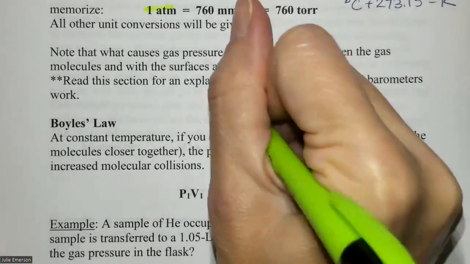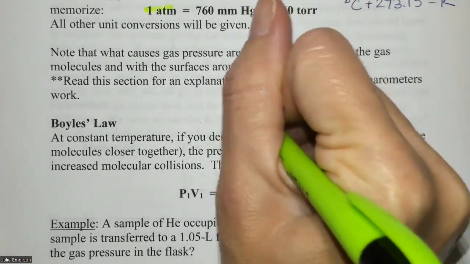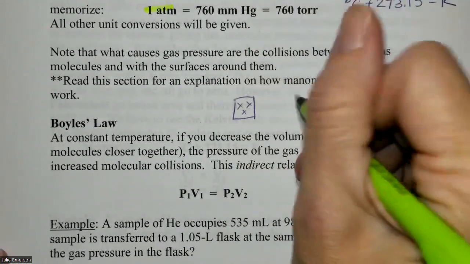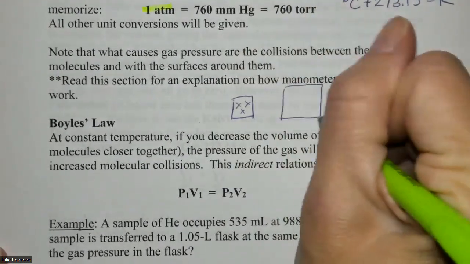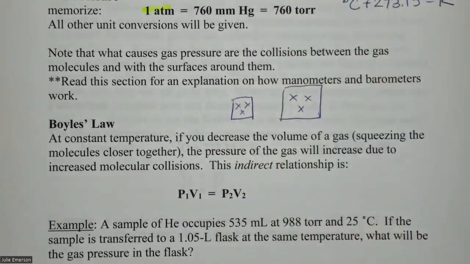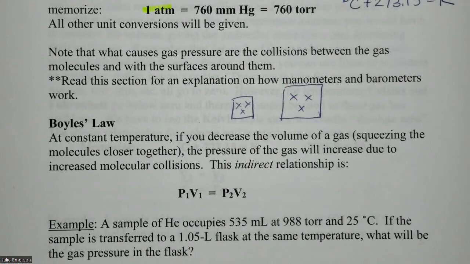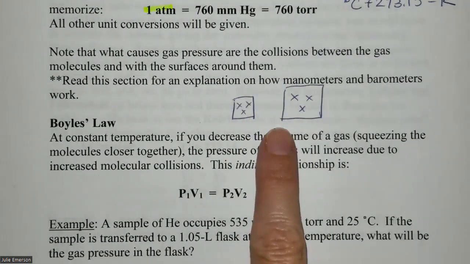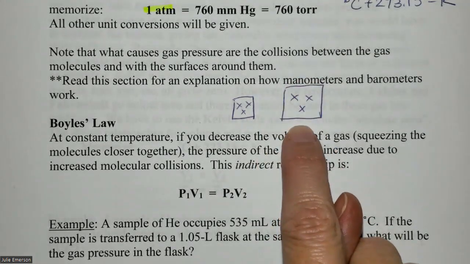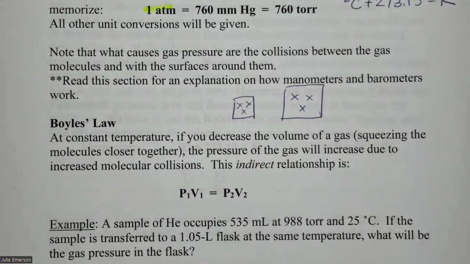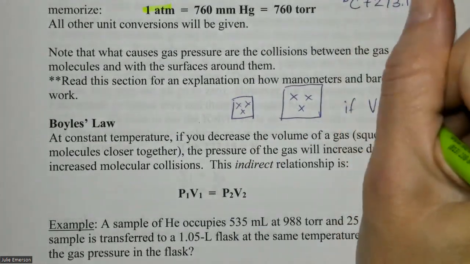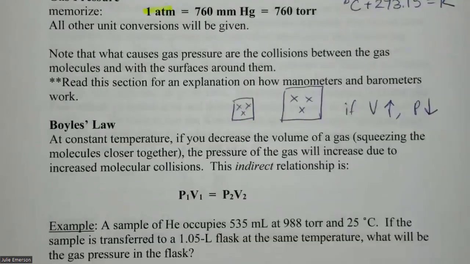If I'm looking at a container of gas and I open up the volume and put that same sample of gas into a much bigger space, pressure has gone down. Because going back to molecular collisions, now that the gas molecules have more space, they're going to collide less frequently. So if volume goes up, pressure goes down.